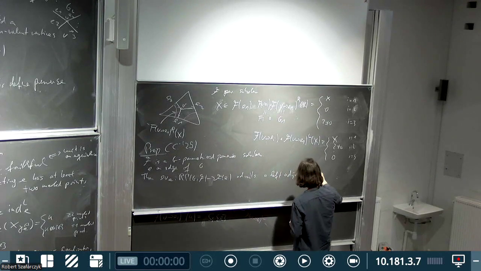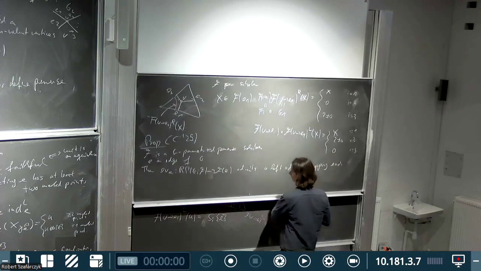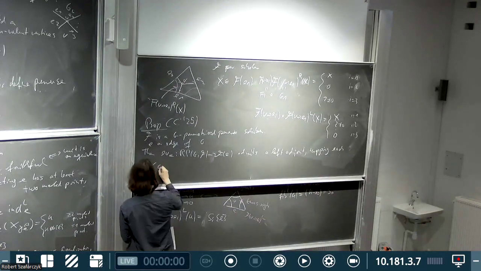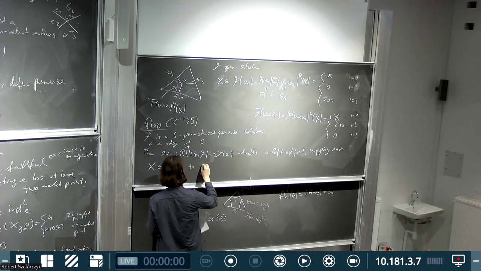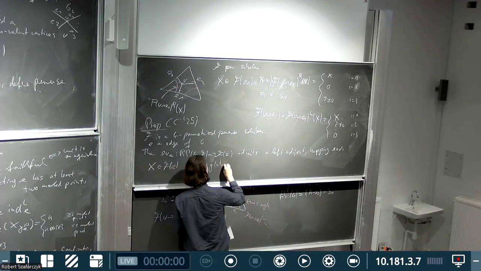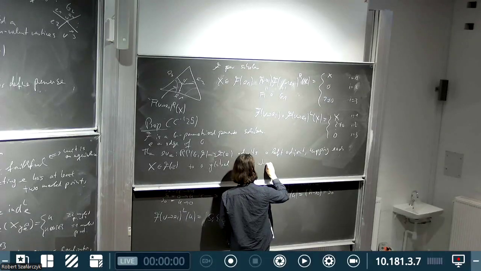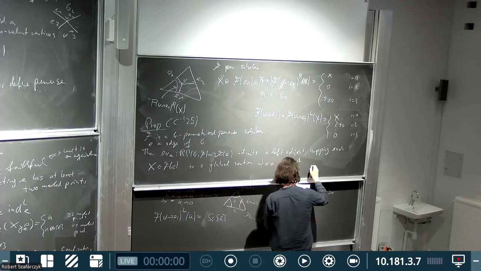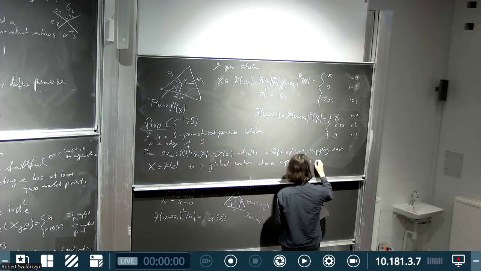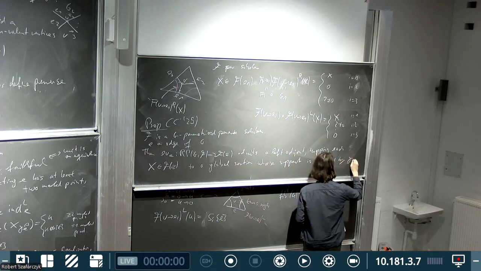Mapping each X in F of E to a global section whose support is described by gamma E right here.